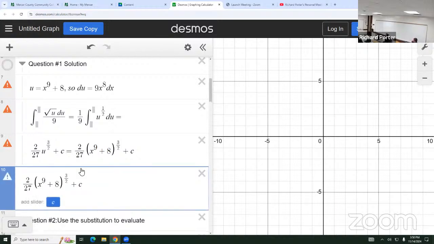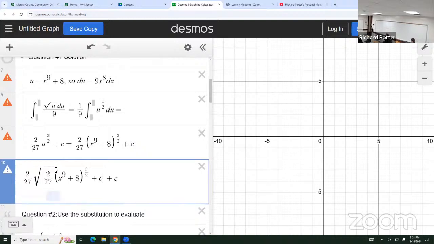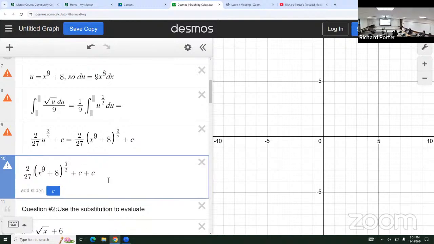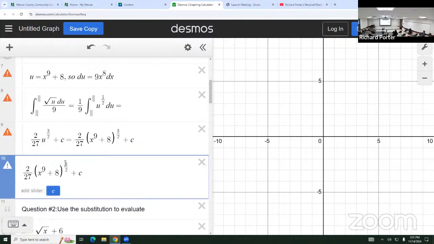So if you had something like this and you had to take the derivative of it, you would use the chain rule.